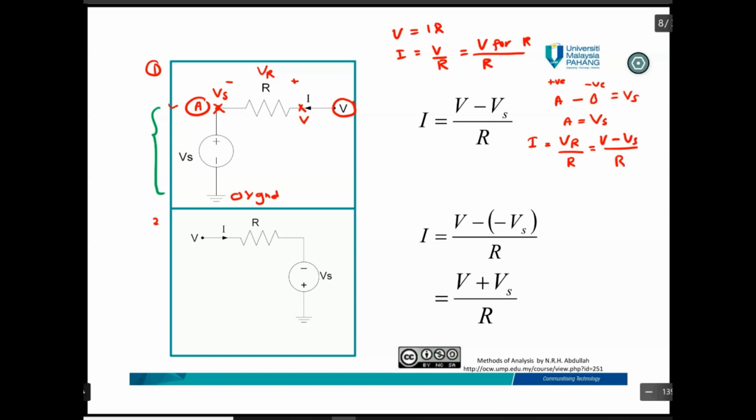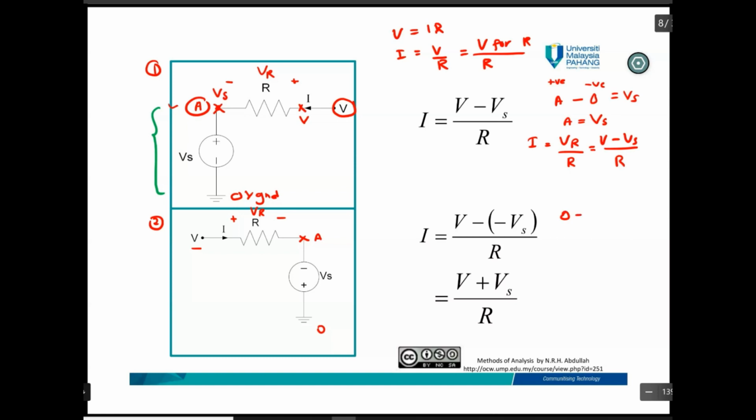For the second figure, using a similar concept, but take a look at the polarity of Vs. You can see that the polarity is different from the first figure. This one is in the reverse position. So do the same steps as the first figure. Just assume the polarity here: for VR, the positive is V, the negative is the A side, and here is 0.